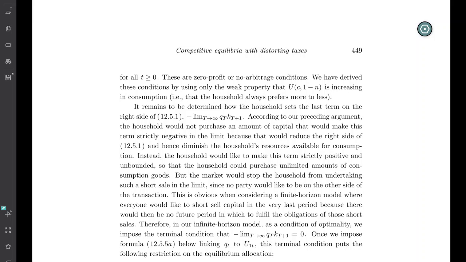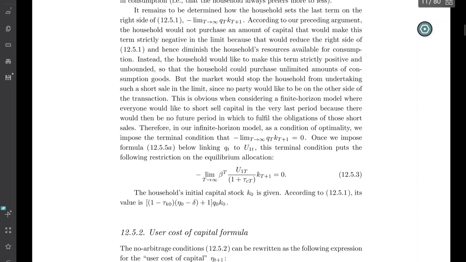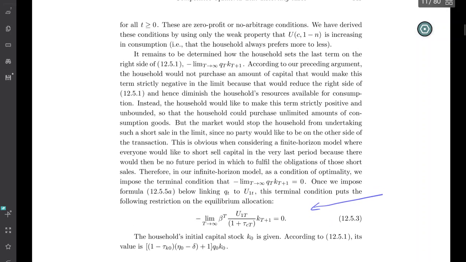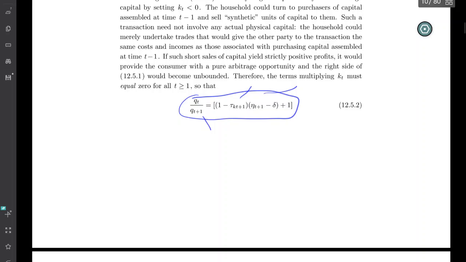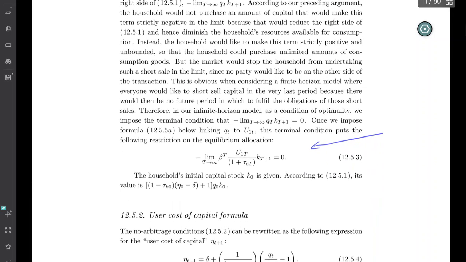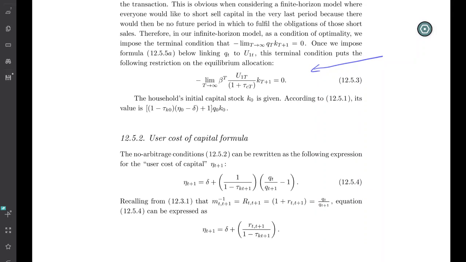We do some other logic, and using that same equation we get this terminal condition. So we get a few equations, and if you use this equation and rearrange it, you get this famous equation from Hall and Jorgenson. It's called the user cost of capital formula. Okay, that's where that came from.